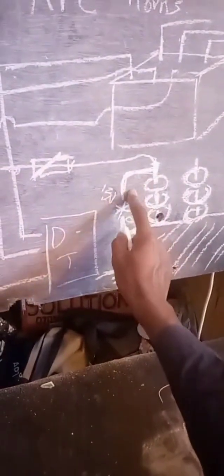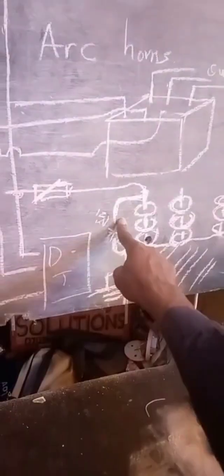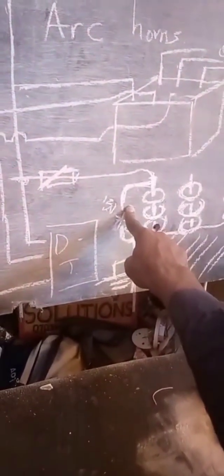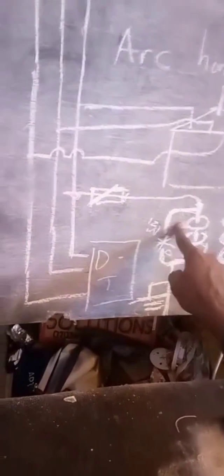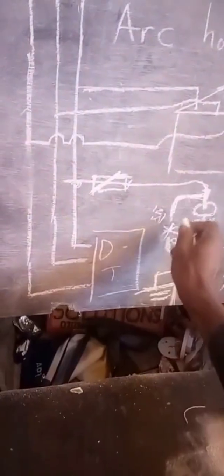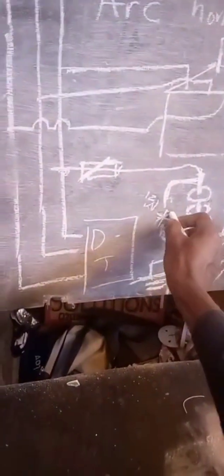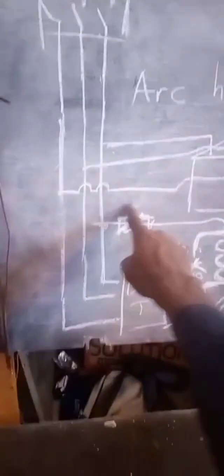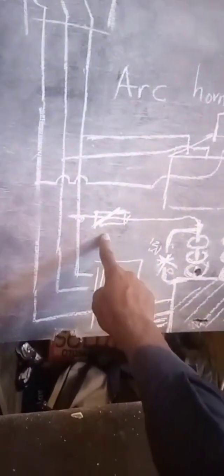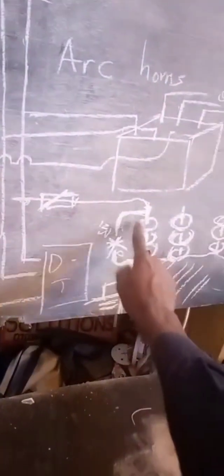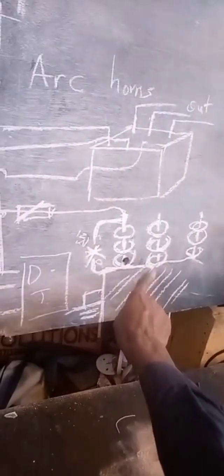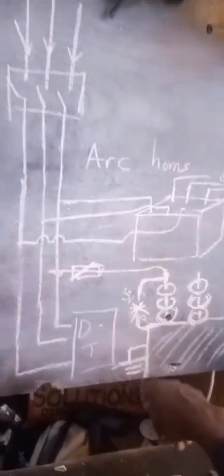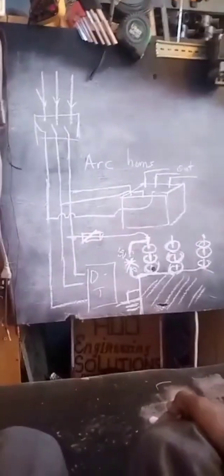This thing here is what we call the arc horns. Its purpose is to produce an arc when the voltage goes up more than the rated value, and this gives the effect of leakage and it shorts to break the fuse, hence cutting power coming to the transformer. This is how we protect our system against over voltage.